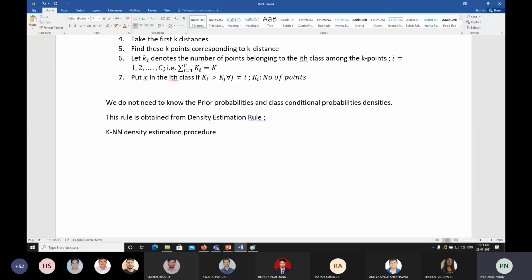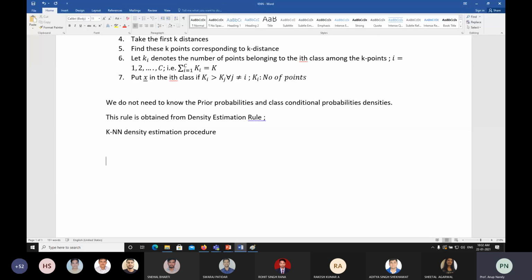So people go for KNN because you do not require the prior probabilities or the class conditional probability densities. We have already seen the nearest neighbor density estimation rule, from where we will establish it.